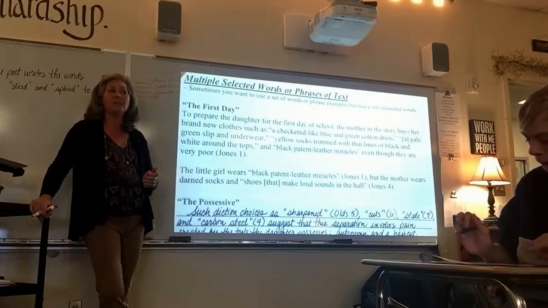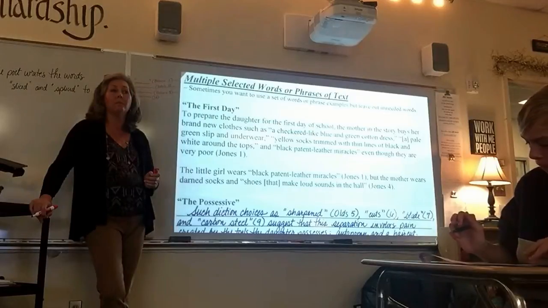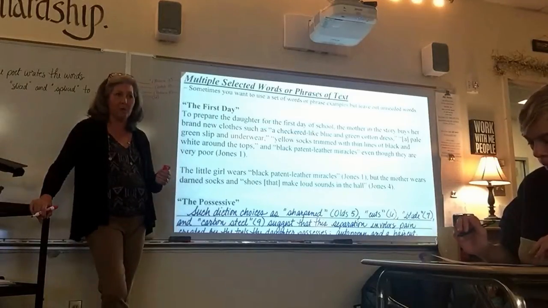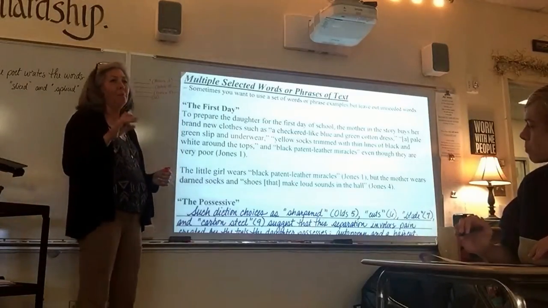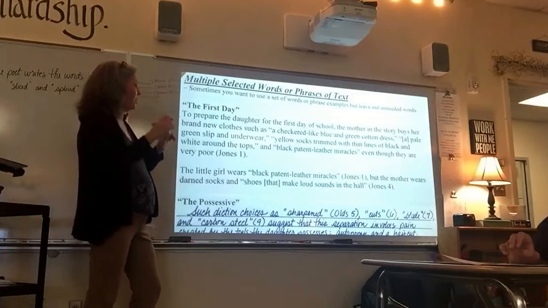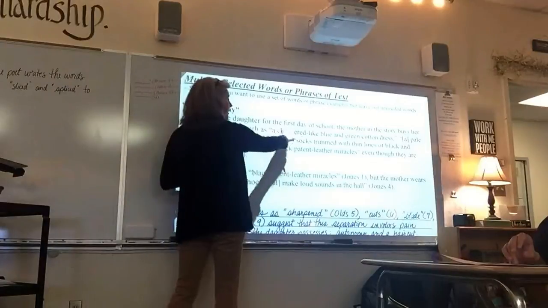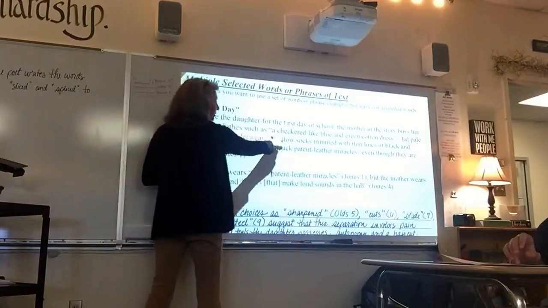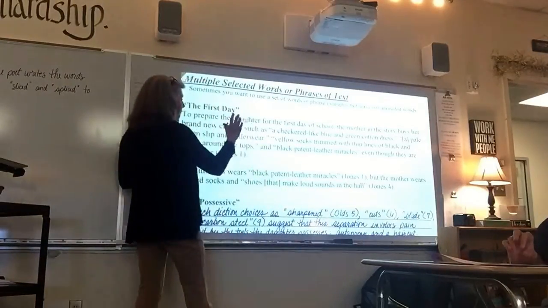It's basically a list of what? Clothing. All the new things she got, right? Would y'all agree? Okay, how many lines of text are there? Let's count them. 1, 2, 3, 4. So there are 4.